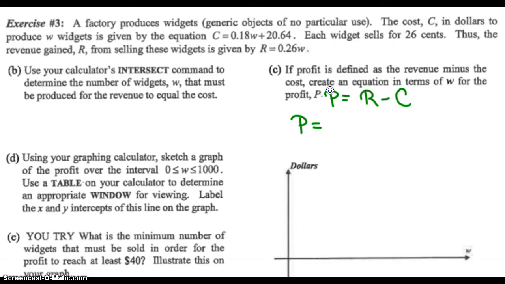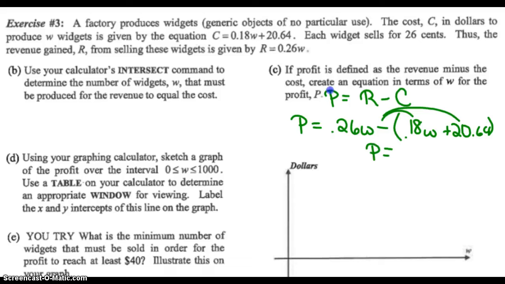So P equals my R, which is 0.26W, minus the 0.18W plus 20.64. Going through to simplify that, you're going to want to remember to distribute this negative, and I will end up with P equaling 0.08W minus the 20.64.